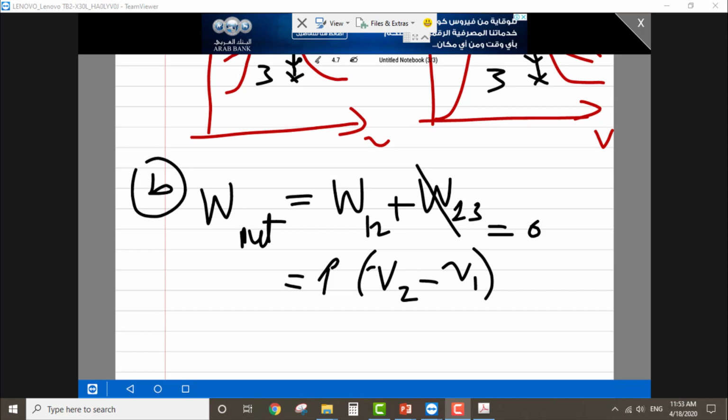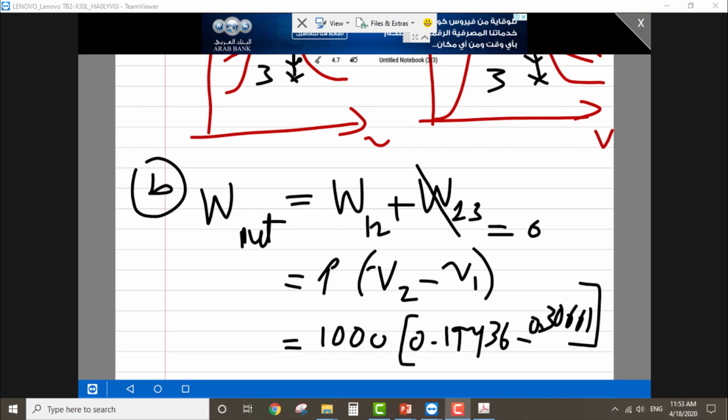So this is equal to the pressure, which is 1000 kilopascal, multiplied by V2, equal to 0.19436, minus V1, which is 0.30661.